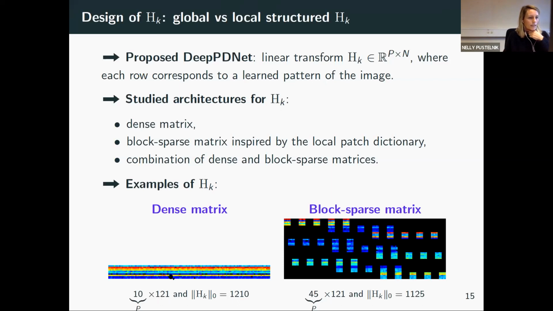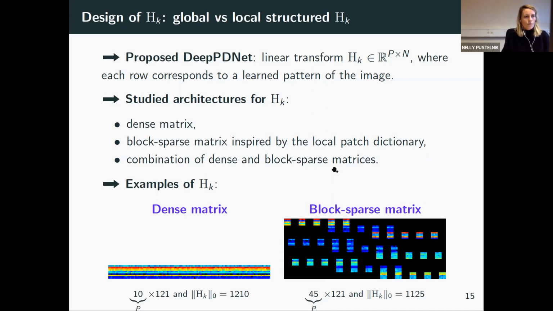Here I display an H of size 10 times 121. In that case, you have coefficients everywhere, and the L0 norm of this matrix is of this order.